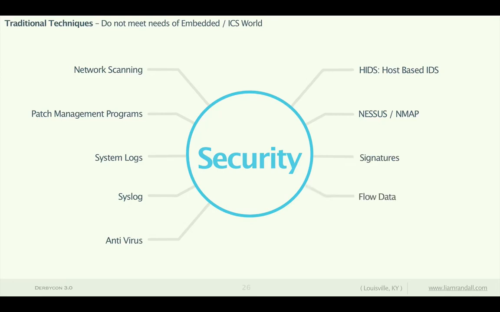There is a wonderful project called Digital Bond that specifically addresses some of the worst in the ICS space. So an area that we can kind of turn to. Flow data is an area that is very helpful because it helps you to understand the kind of ground truth of what's going on in your network. And then there's always segmentation. But the TLDR is that most of these techniques just don't work any longer.